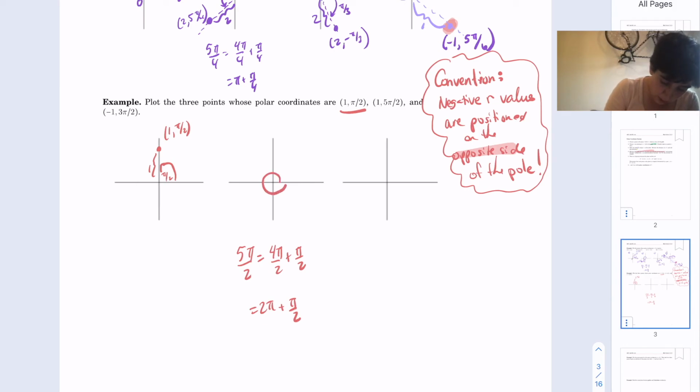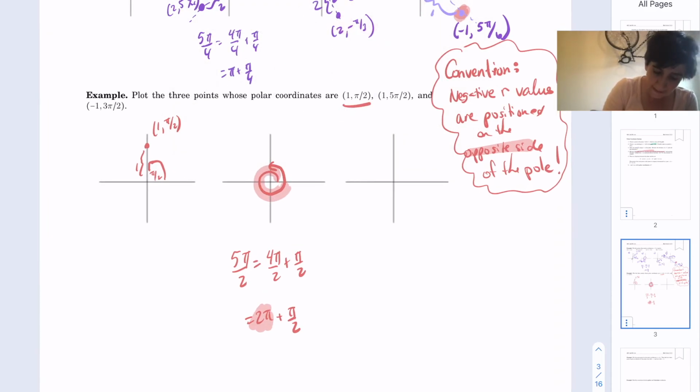So I go all the way around once, and then I go this way. This 2 pi is this part, and this pi over 2 is this part. And then again, I position myself up 1, and I call this 1, 5 pi over 2.